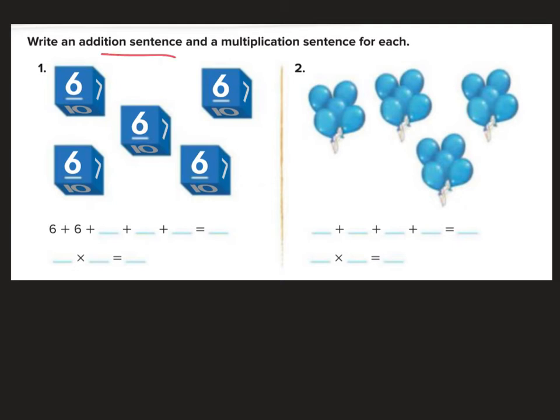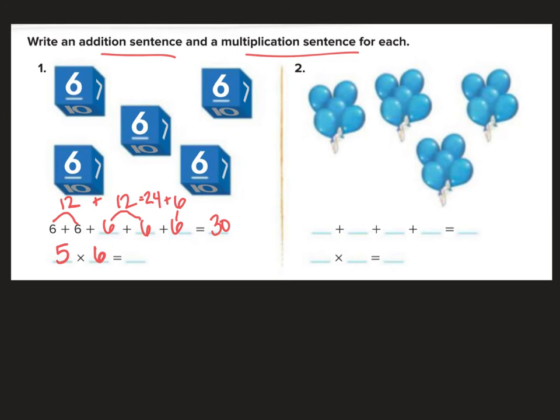All right, let's do a couple quick ones here. Write an addition sentence and a multiplication sentence for each. So this one I'm repeating the 6s, and I have 1, 2, 3, 4, 5 6s. That means I have 5 groups of 6. I know 2 6s are 12, and then we have 1 6 left over. 12 plus 12 is 24, and 24 plus 6 more is 30.